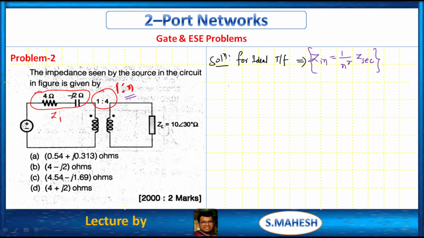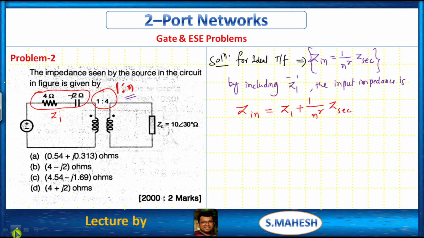Therefore by including Z1, the input impedance is simple. Z input is Z1 plus 1 by n square into the impedance of the secondary. Very simple one. If we don't have this Z1, obviously Z input is 1 by n square into the impedance of the secondary.